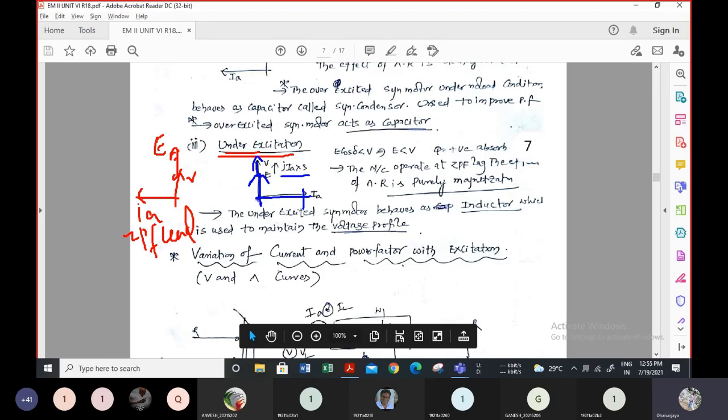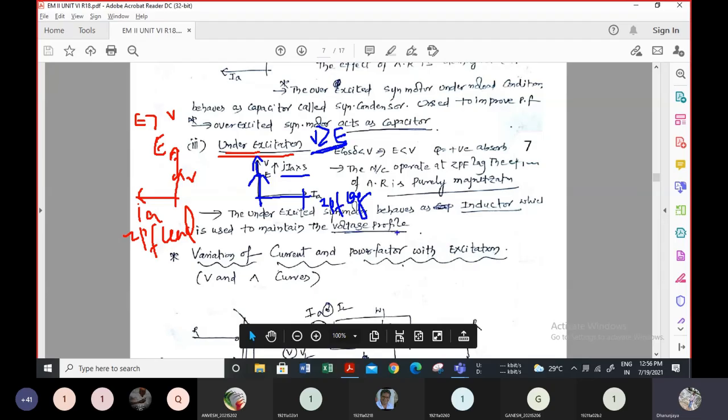So here it is ZPF lag. It is ZPF lead in one case and ZPF lag in the other. The difference is that in a synchronous generator E is greater than V, and in a synchronous motor V is greater than E. These are the basic differences, and the rest is everything same.